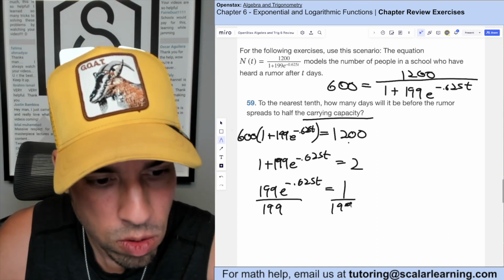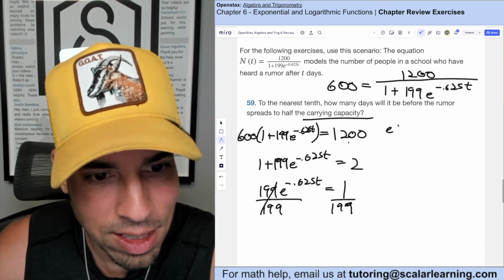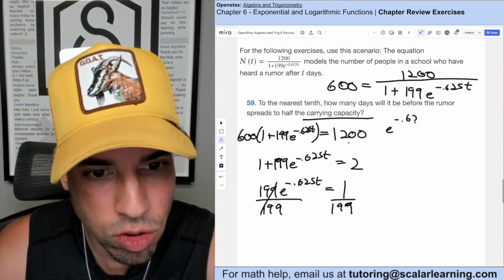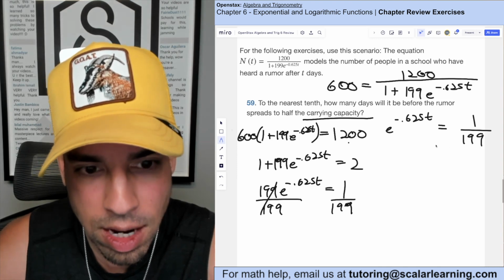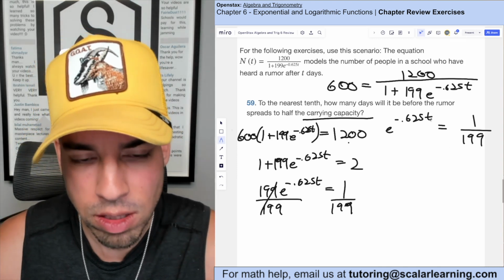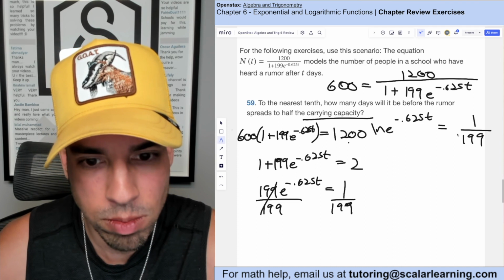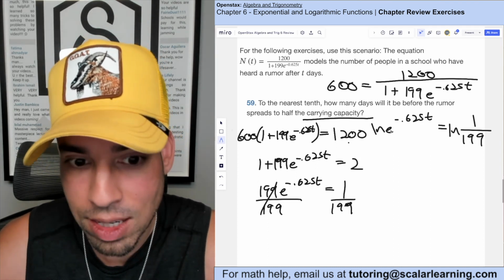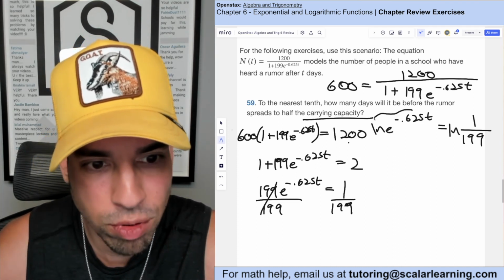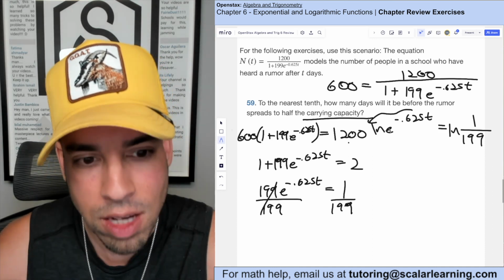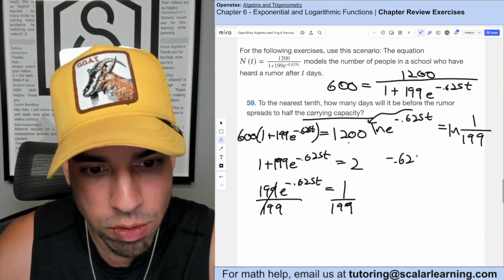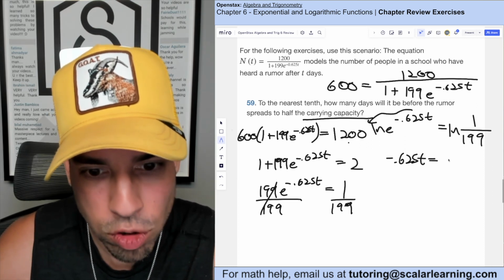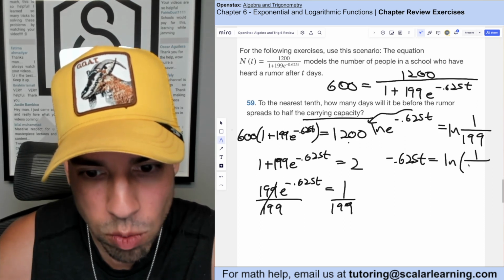So now this is going to cancel out, and I got e to the negative 0.625t equals 1 over 199. Now I want to bring that variable down that's locked in the exponent, so I need logarithms, aka natural logarithms, because we got that nice base of e. This allows me to bring this down as a coefficient times ln of e, and ln of e is 1. So now I got negative 0.625t equal to ln of 1 over 199.